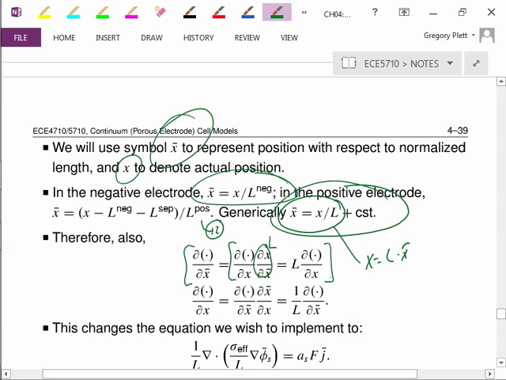So the scaled is equal to L times the unscaled. Or vice versa. If I start with a partial derivative of something with respect to x, I can write that as partial with respect to x bar times a scale factor, where this scale factor is 1 over L. So there's a symmetry back and forth.